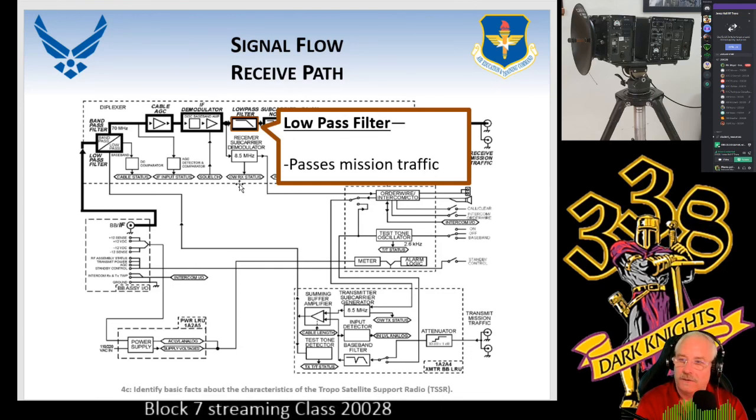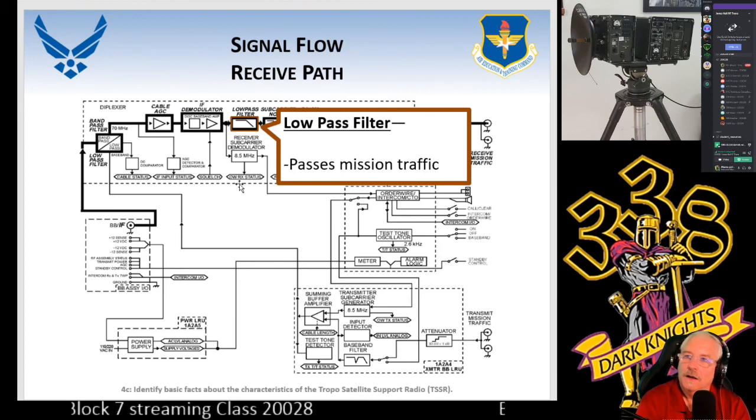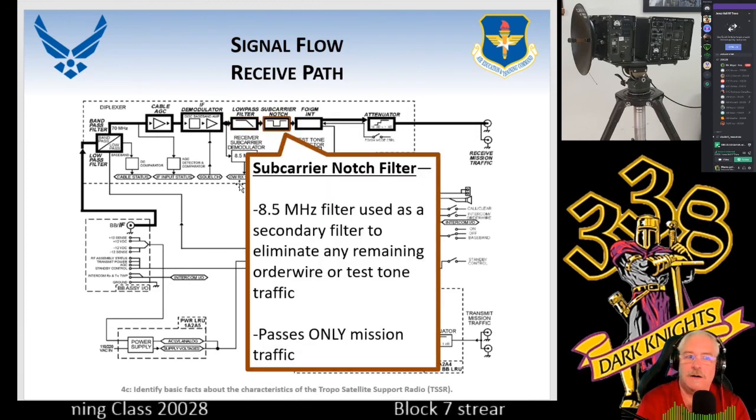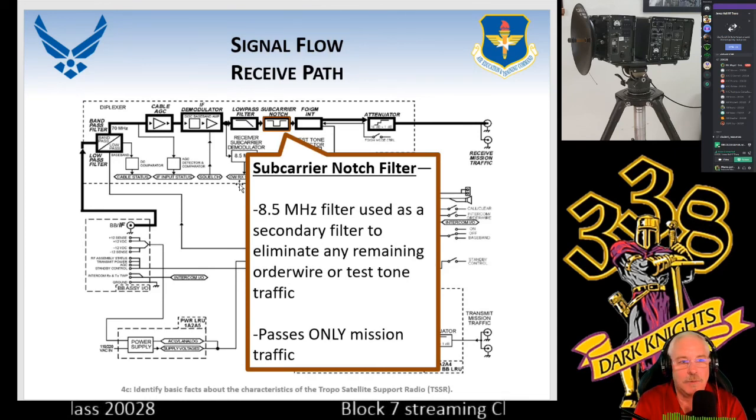Now with the low pass filter, because we amplified it, we're going to have to block some of those harmonics. We're also going to have to start weeding off the 8.5 megahertz. So basically we're cleaning it up, and then when we get to the subcarrier notch, this is where we block the 8.5 megahertz order wire signal, and we have a clean baseband signal. Okay, so that's the reason why we got to do all that other stuff in there.